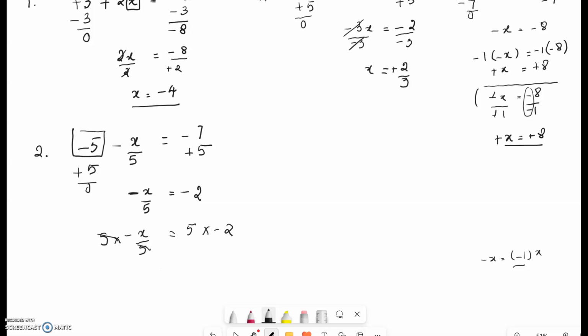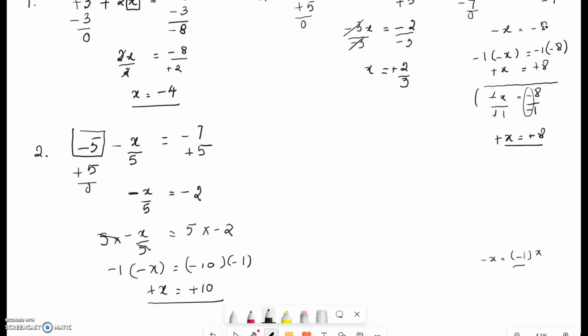So we get rid of the 5, and we have negative x equals negative 10. And now we get rid of the negative sign. We could multiply both sides with a negative 1. Negative times negative is positive x equals positive 10. So x is equal to 10.